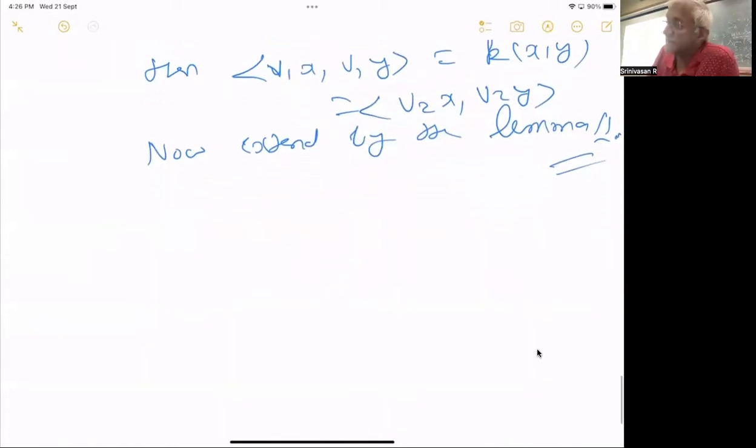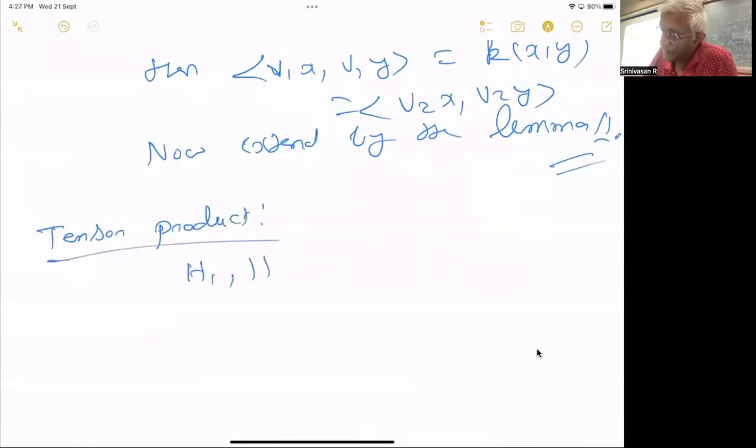Okay, now let us define the tensor product. I directly define n tensor product. You can define it for 2. You can define it for n. Doesn't matter. H1, H2, Hn be Hilbert spaces. N Hilbert spaces.